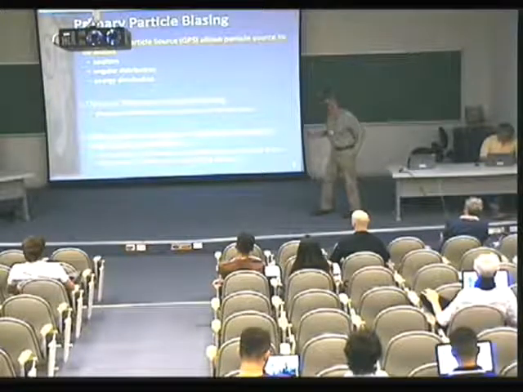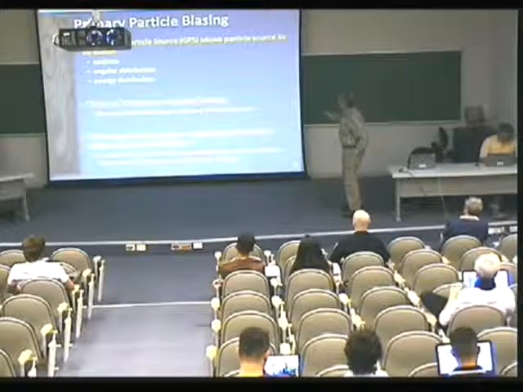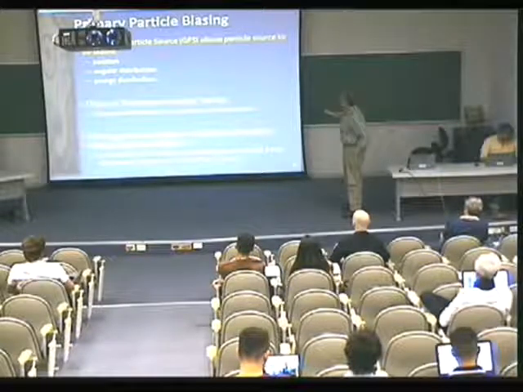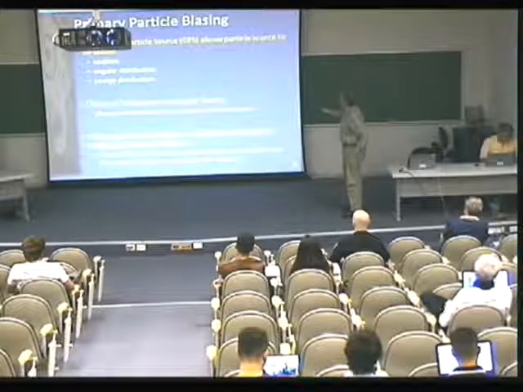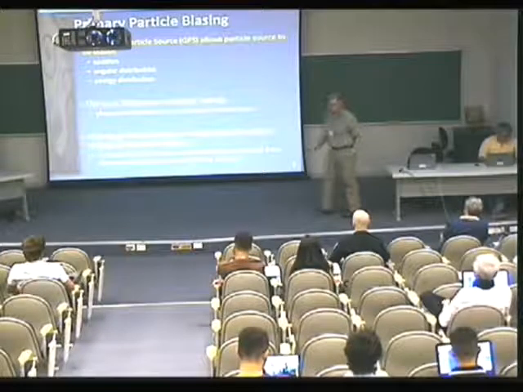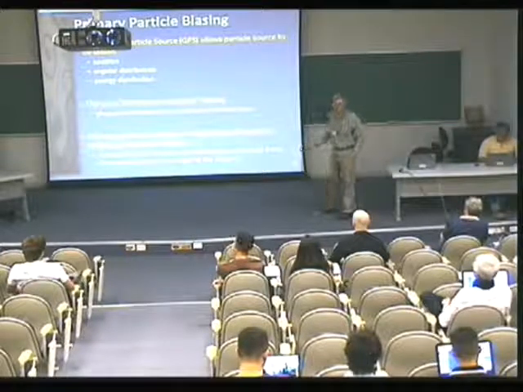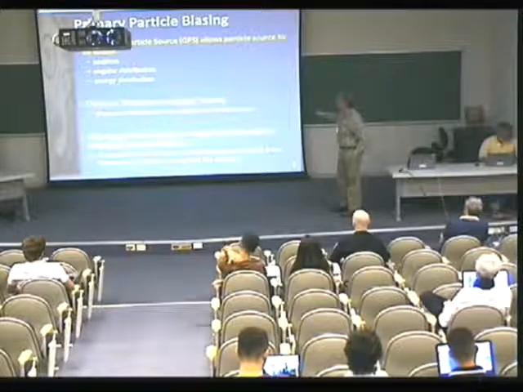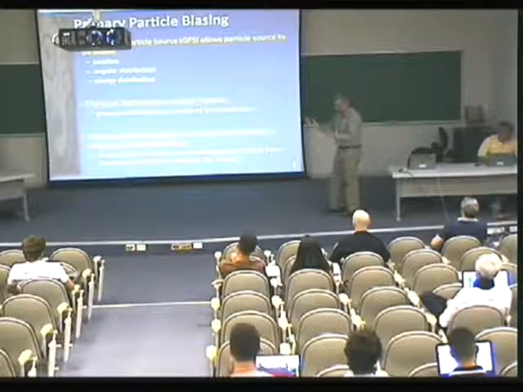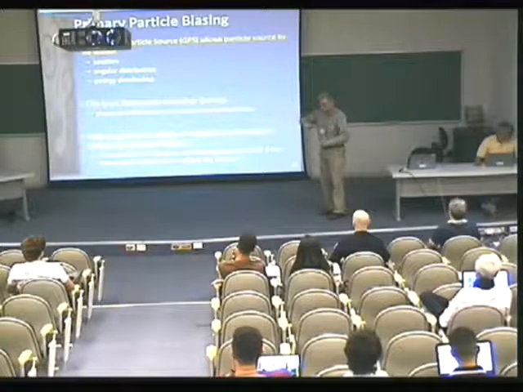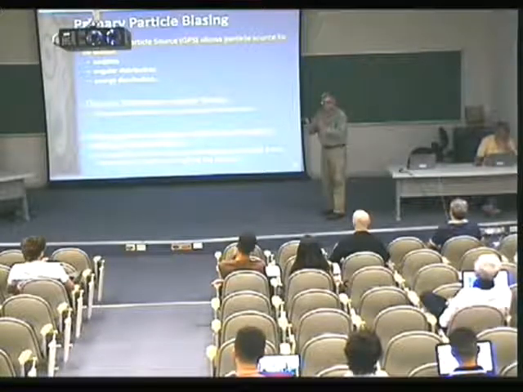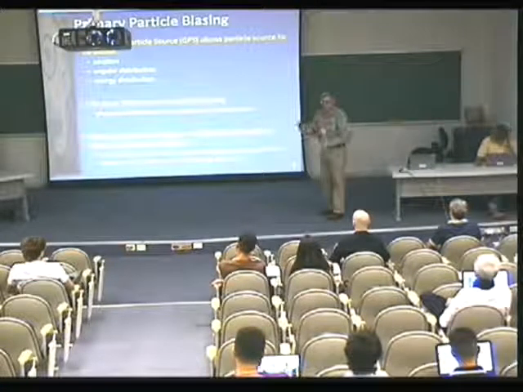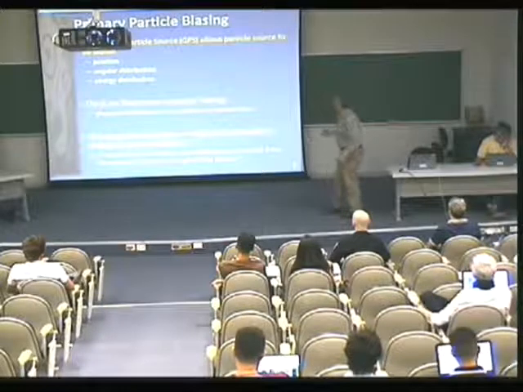Primary particle biasing. So Makoto mentioned the general particle source. So that allows a particle to be biased. As he said, there are a lot of commands, probably more than anybody knows. And you can bias things like the position, the angular distribution. That's an easy one. So instead of into 4 pi, you emit particles into a narrow cone, and the biasing is applied appropriately.